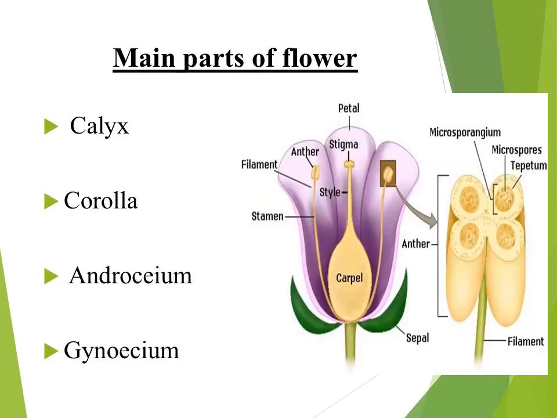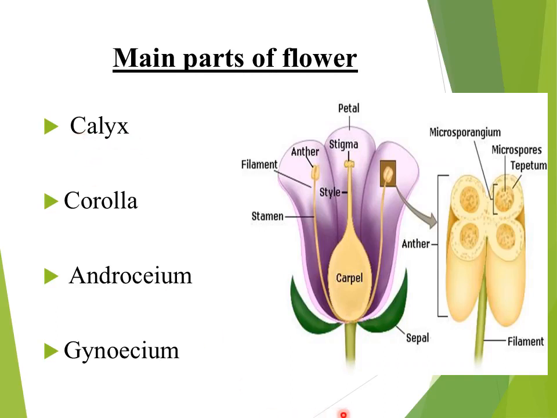Main parts of flower. Flower contains 4 floral whorls: calyx, corolla, androecium, gynoecium. The first and the outermost whorl is known as calyx. Now in this diagram, this is the stalk or the pedicel of the flower, and the green colored leafy structures are the sepals.